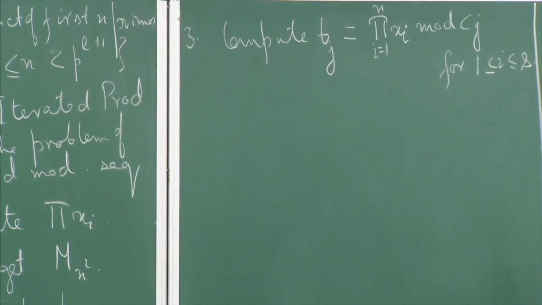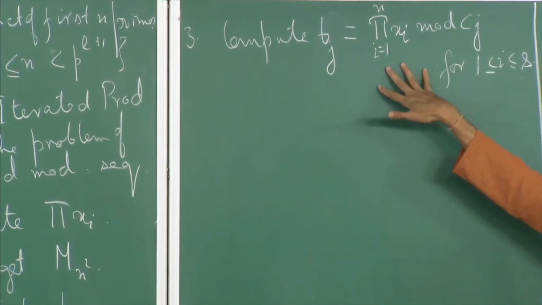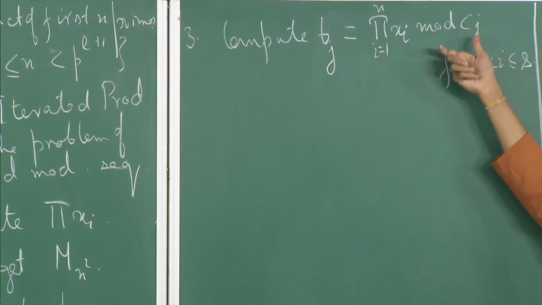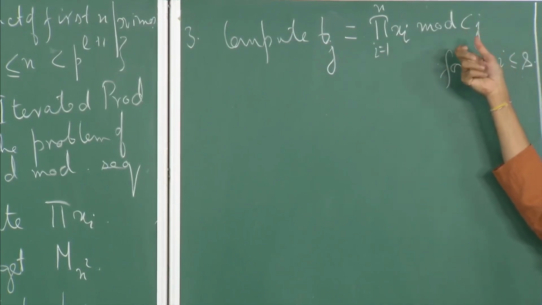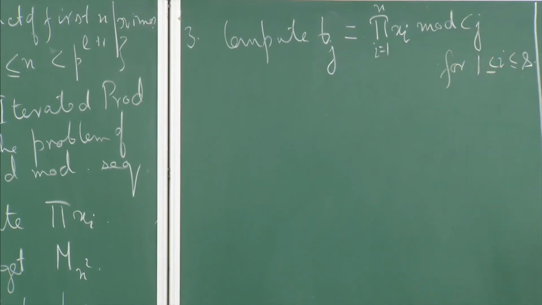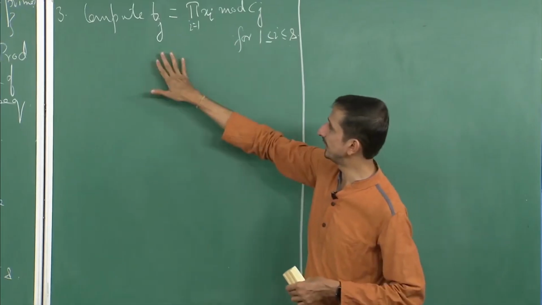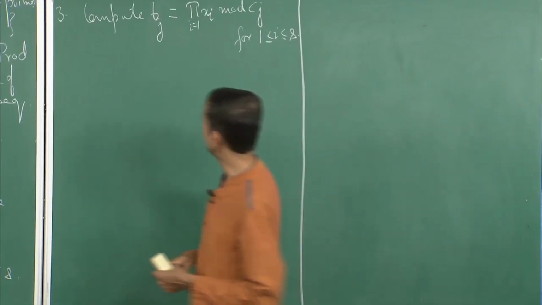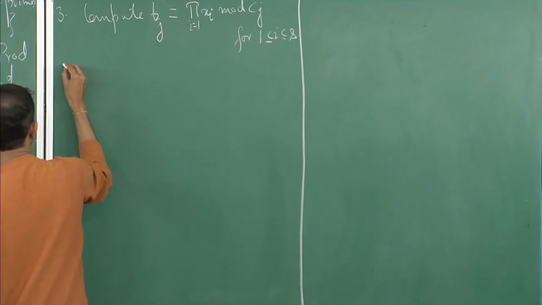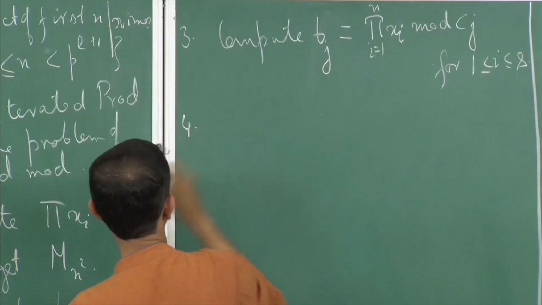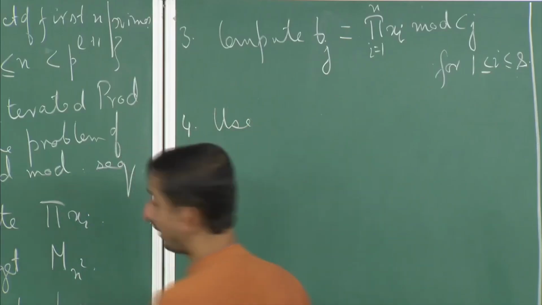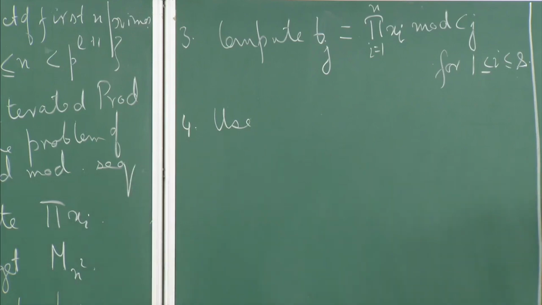Again this is something that we have seen, that if I am computing the product modulo a small number, a polynomial, then we can do this in NC1. So using that algorithm we compute Bj. Okay. Now, what happens if I use Chinese remaindering? Okay. So, recall what the Chinese remaindering problem was.